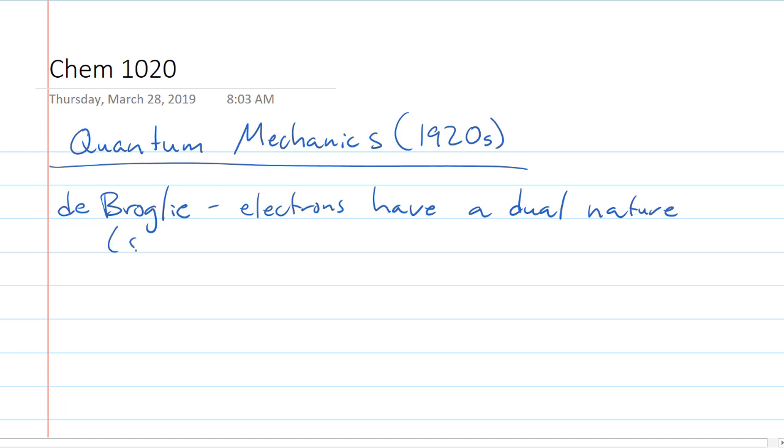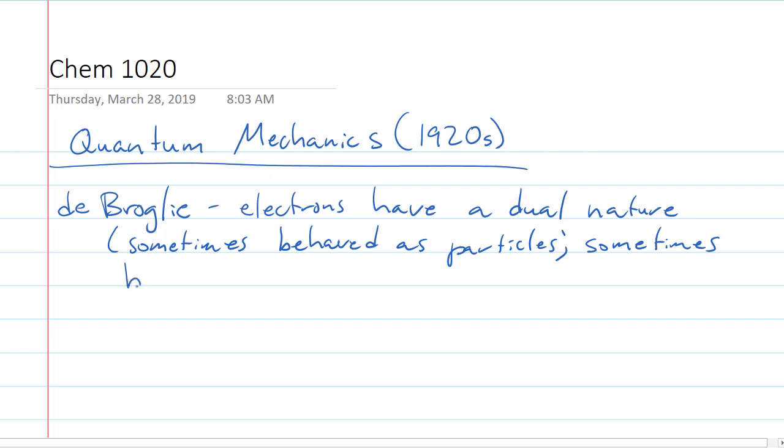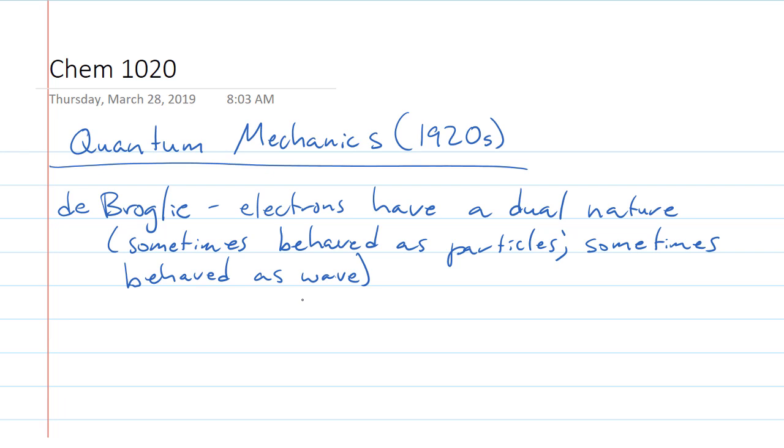And that means that they sometimes behaved as particles, which of course makes sense, and they sometimes behaved as waves, which at that time didn't make a whole lot of sense, but de Broglie came up with this idea.